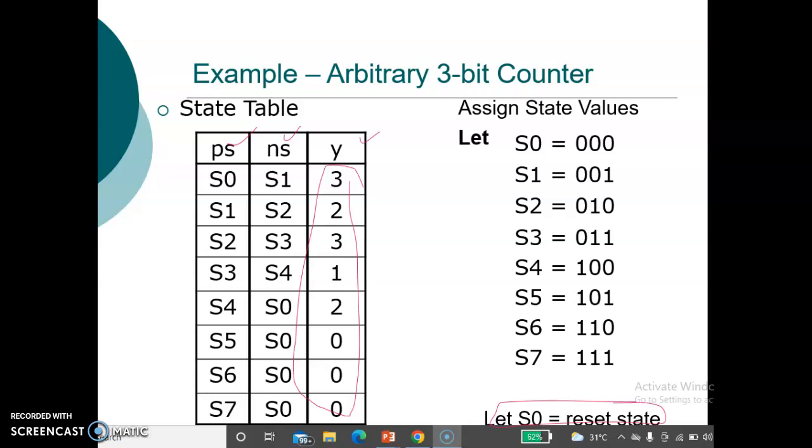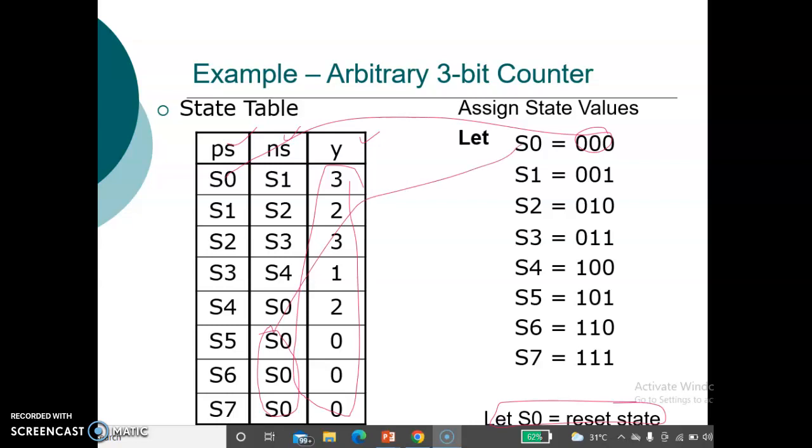Okay, then S0 to S1 get output 3, S1 to S2 output 2, S2 to S3 output 3, S3 to S4 output 1, S4 to S0 output 2, S5 to S0 output 0, S6 to S0 output is 0, S7 to S0 output is 0. Here S0 for S0 here also, and then here also same.